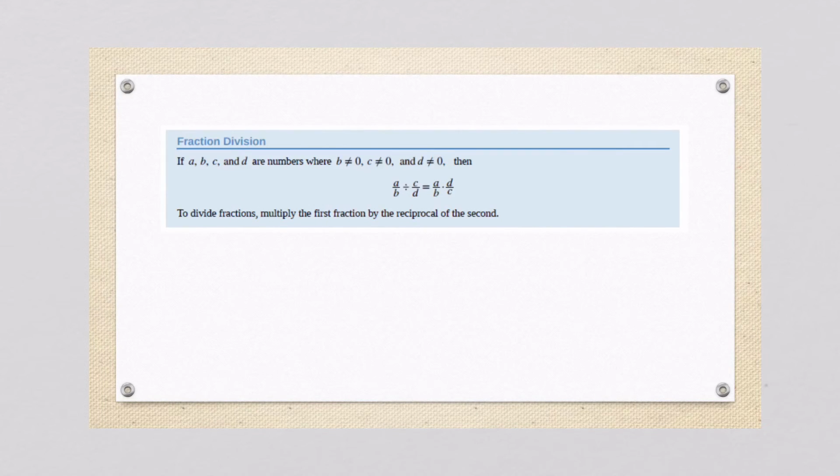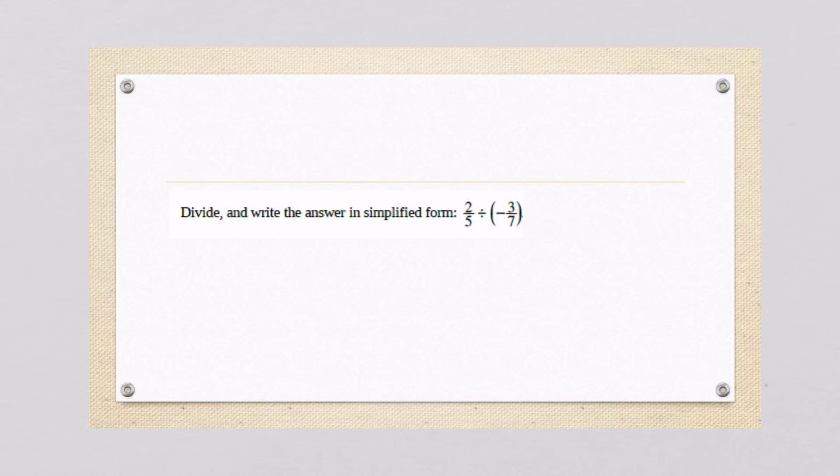Okay, so this page is talking about fraction division. And the rule for fraction division is you keep your first one, you change your sign to multiplication, but you have to multiply by the reciprocal. So let's look at the next page and I'll show you what I mean here. So I have 2/5 divided by negative 3/7.